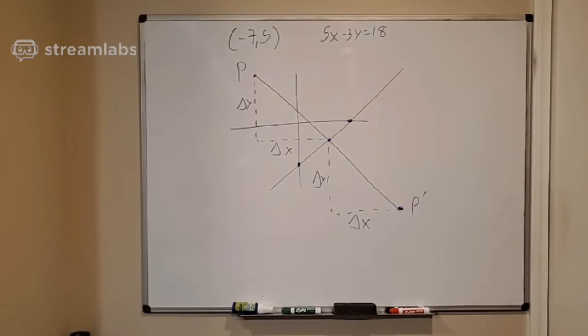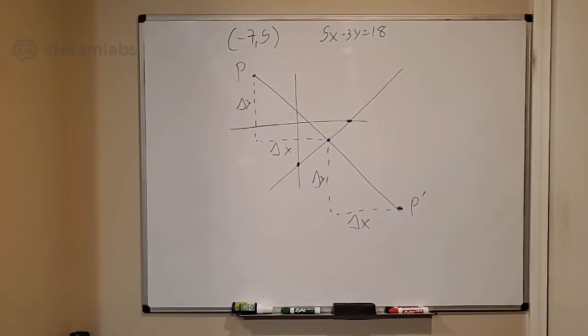But like I said, now that I'm giving you an idea of what to do, the question is, how could I possibly find the delta y and delta x? Any ideas?